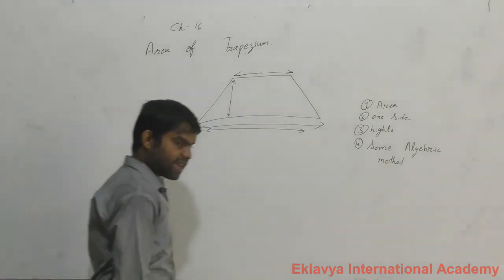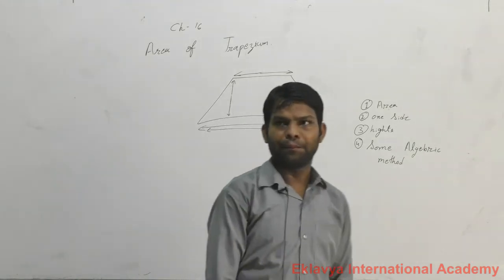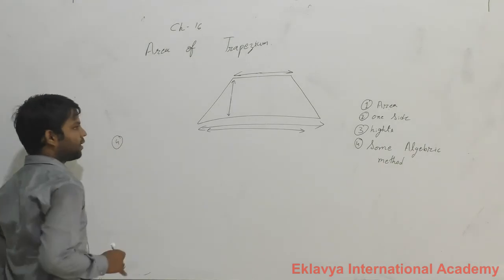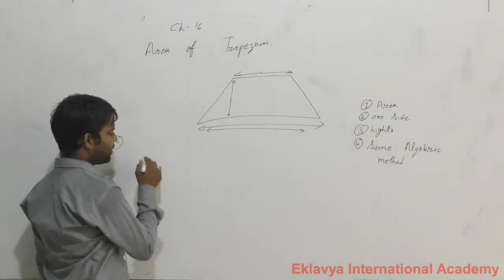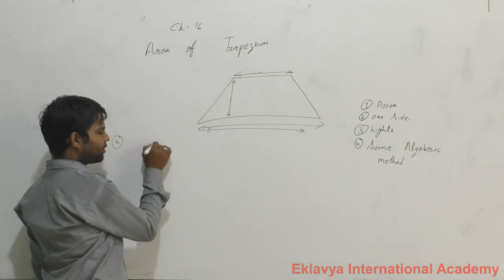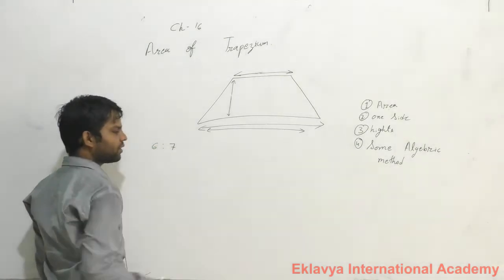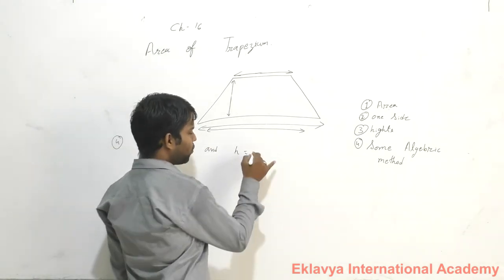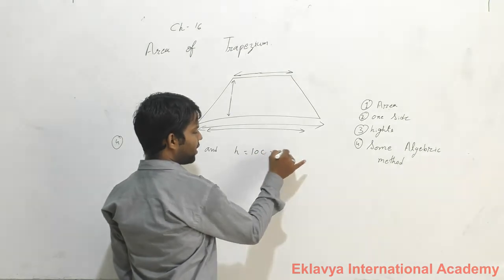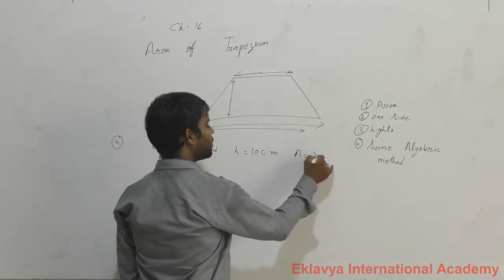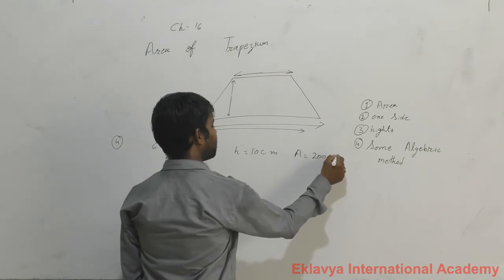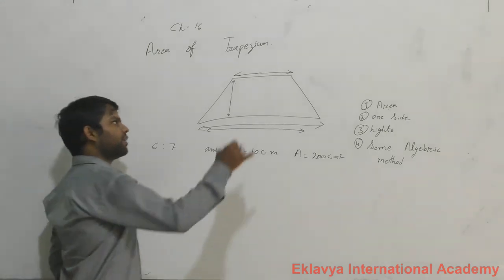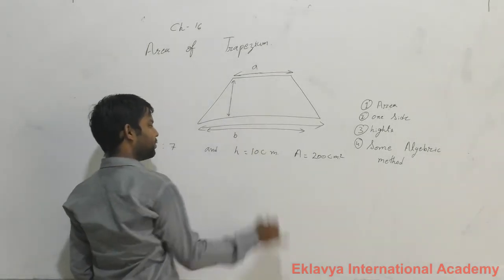Like, if the ratio of the parallel sides is given, like in this trapezium, if the ratio of parallel sides is 6:7 and height is equal to 10 centimeter, area also given is 200 centimeter square. We want to find both parallel sides a and b.